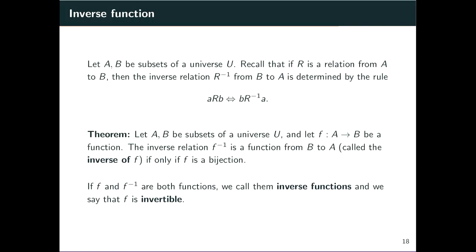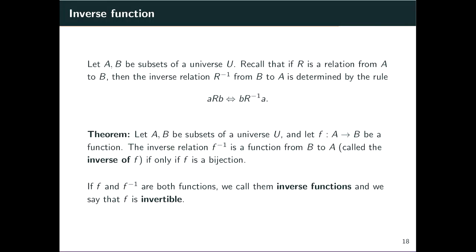Then we have a theorem that says if we have two subsets of the universal set and f is a function from A to B, then the inverse relation, f inverse, is a function if and only if f is bijective. That's important. Since f is a function, it is a relation, so we know there's an inverse relation.